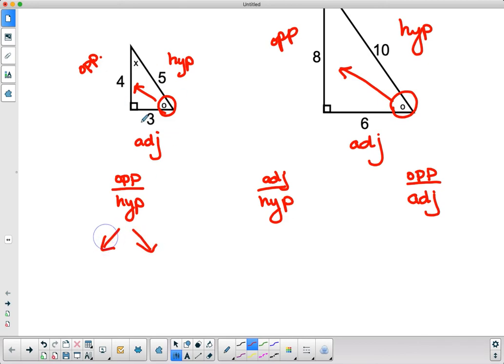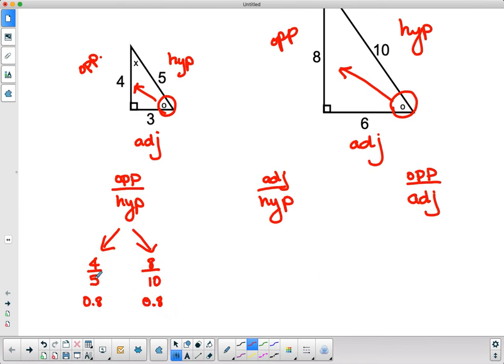For the first triangle, the little triangle, if we look at the opposite side, it has a 4 on it, and the hypotenuse has a 5. So in the little triangle, it's 4 divided by 5, and 4/5 is 0.8. If we go over and look at the bigger triangle, the opposite side is 8, and the hypotenuse is 10, and when we divide those, we get 0.8.